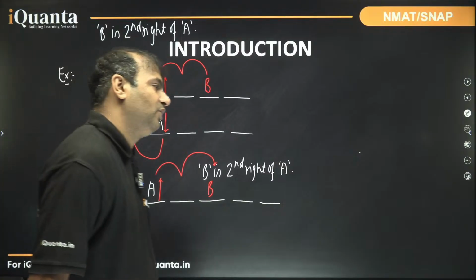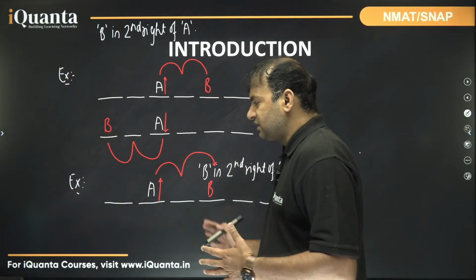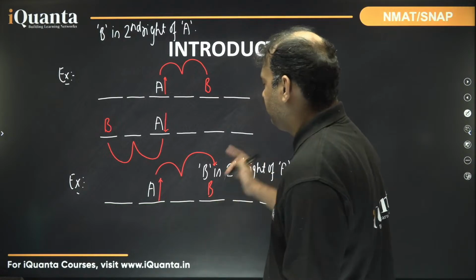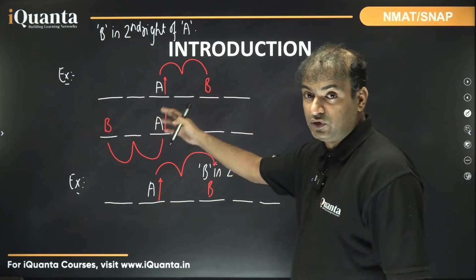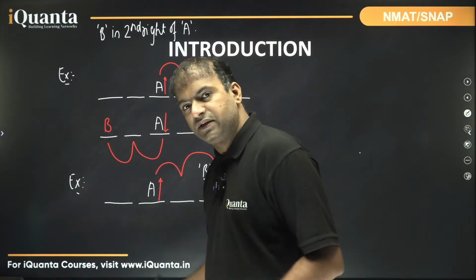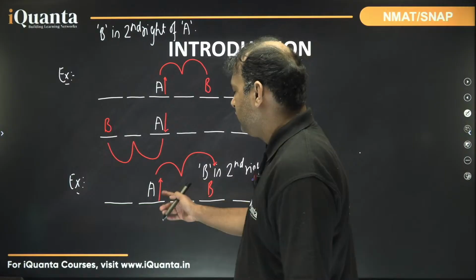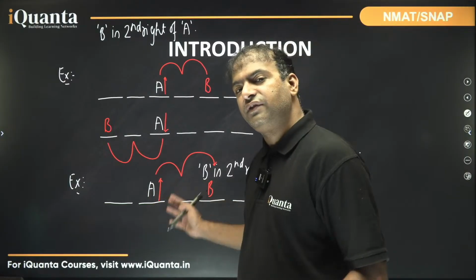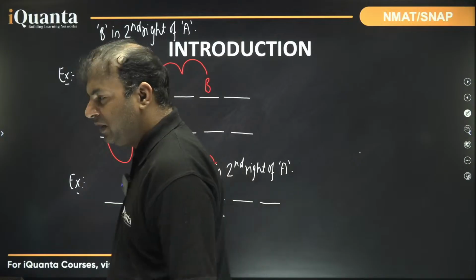It's okay, guys. So what we learned over here, let me explain again. In this case, we are able to define the exact position of B, unlike the previous case. In the previous case, we were not able to define the exact position of B, but in this case, we are able to define the exact position of B, as well as decide the facing direction of A. This is the best part of these kind of questions.